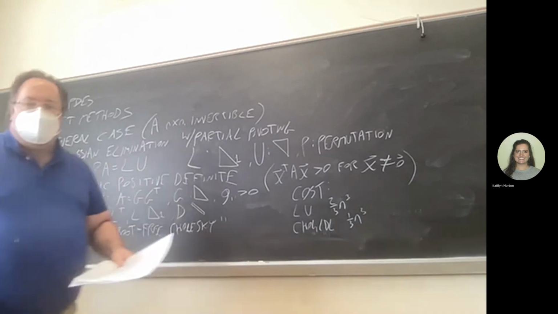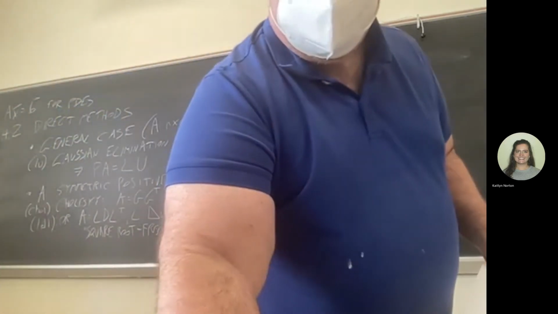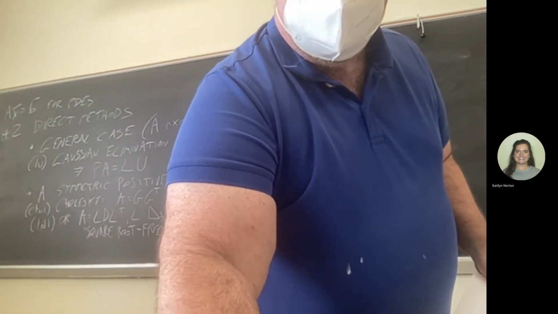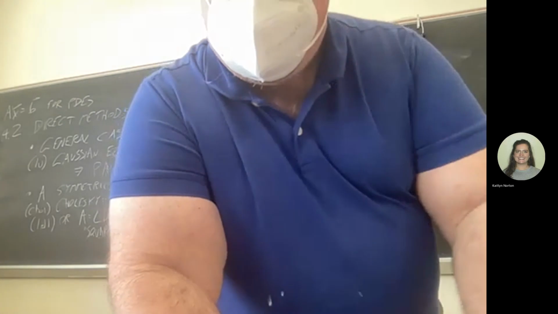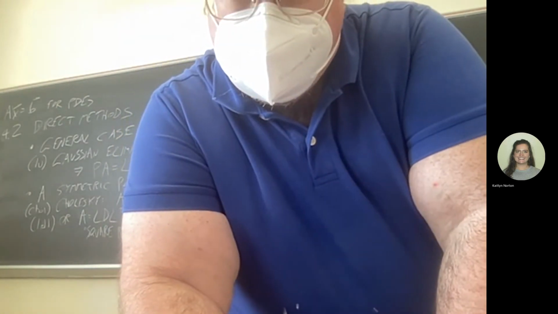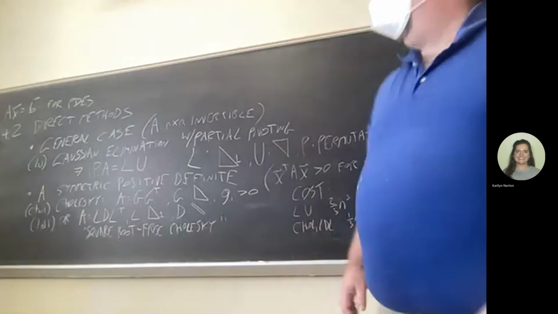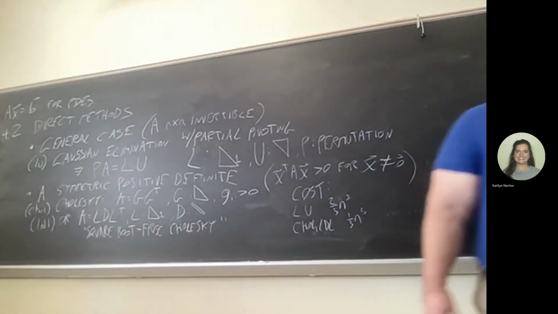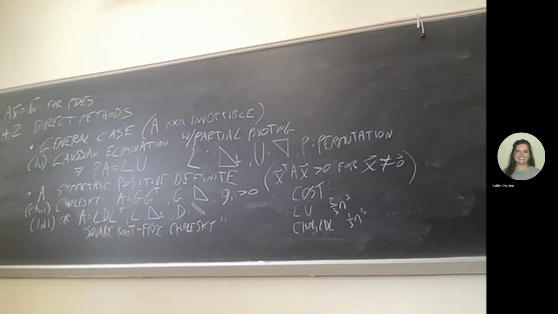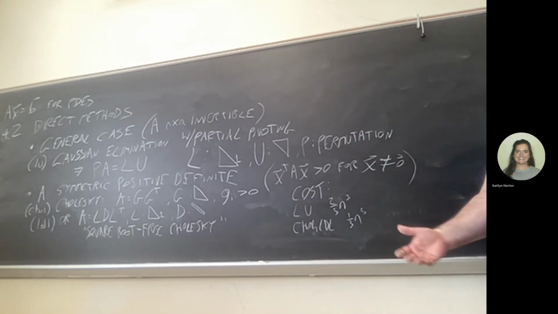Now, I mentioned earlier the issue of sparsity. And the ideal situation is when the matrix is not only sparse but banded. But as I mentioned, like with 2D problems, for example, you can't really count on bandedness.